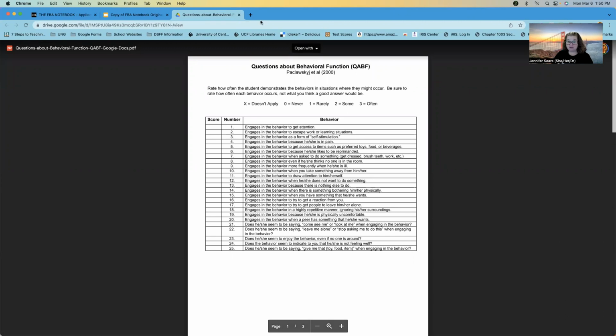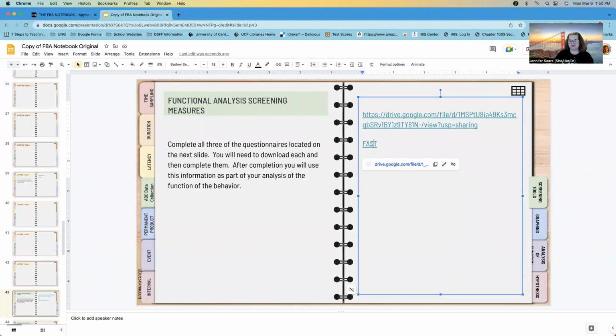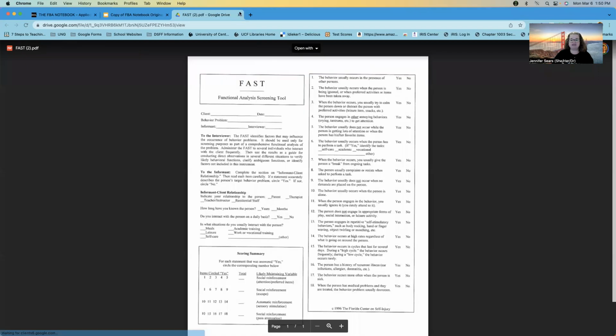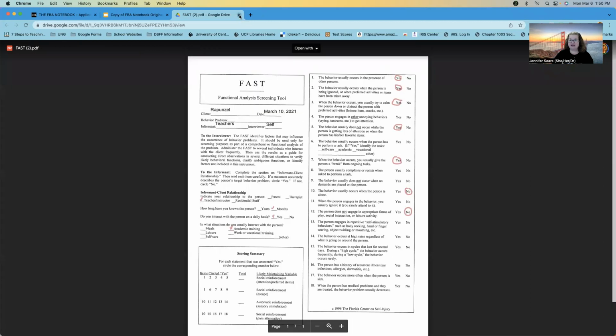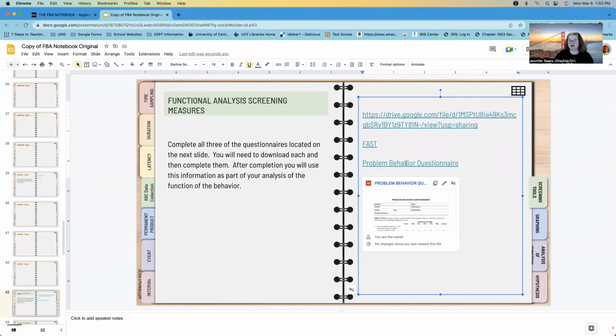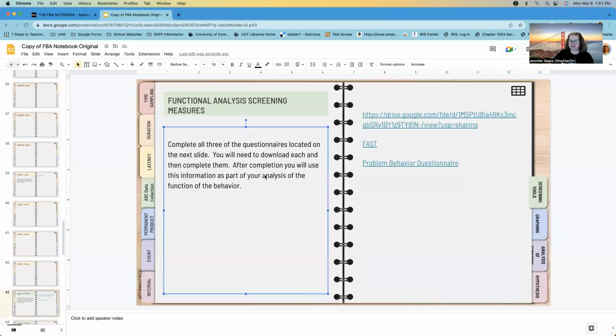I would have these printed out before you do that module because I actually walk you through how to do each of these forms. Do not fill them out right here. Please, please, please. I know this shows that it's been filled out. Just delete it and fill it out yourself, because you do need to fill out your own, and the problem behavior questionnaire is here. You are being considered the teacher here, so you're filling it out how you think that the teacher would fill it out.